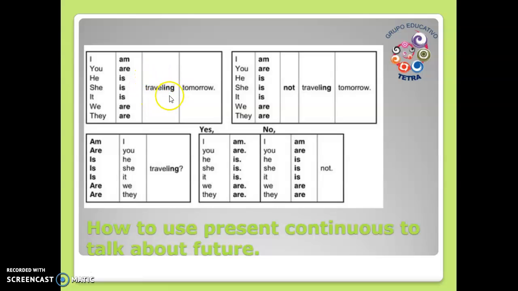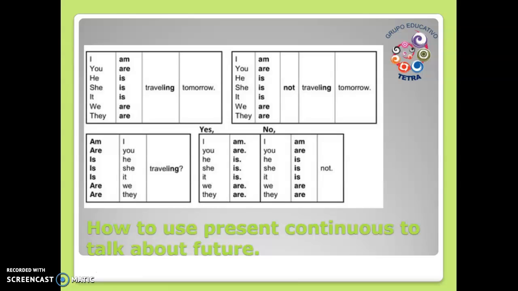And you will need a verb with the termination ing plus a time particle.